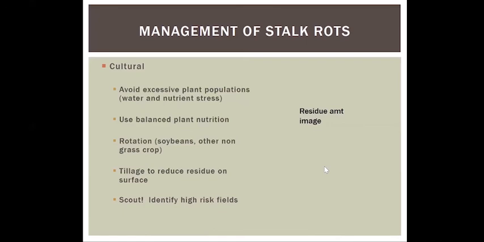And therefore, they're not going to be as prone to lodging issues. And so going after something that has a higher stay green score can reduce the potential lodging issues you might have later in the season.